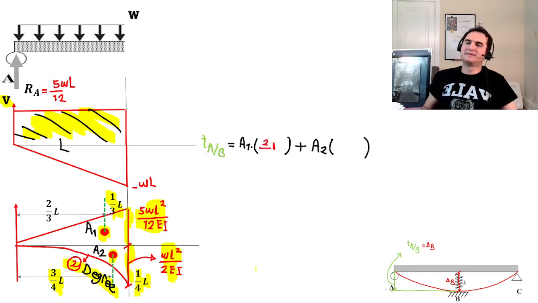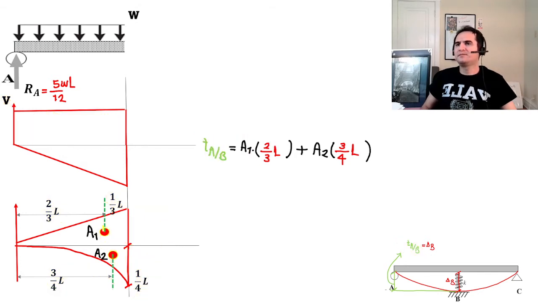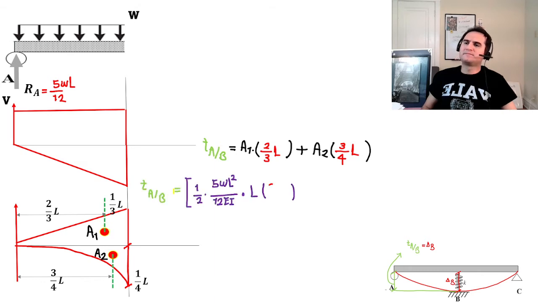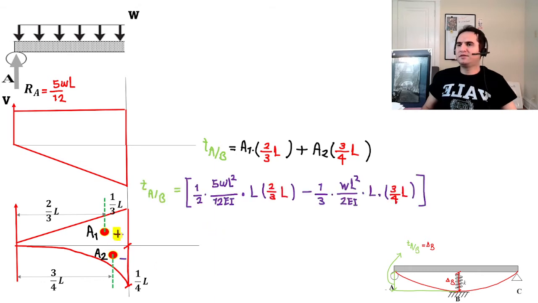So if we want to calculate the tangential deviation of A with respect to B, that's M over EI calculated from this part, from point A. So that's A1, this positive area, plus the negative area of A2. A1 goes by 2/3 of L, A2 goes by 3/4 of L. And just be careful, you have to subtract the two areas from each other.